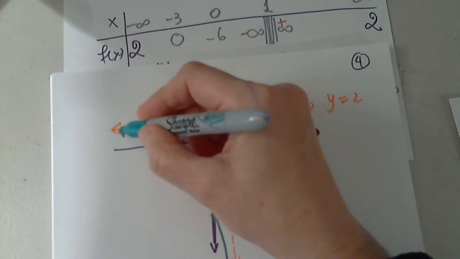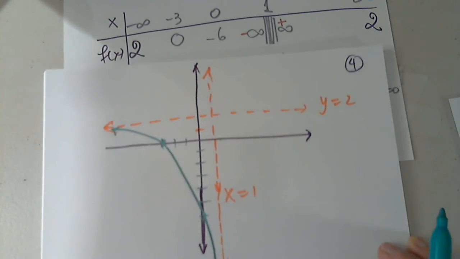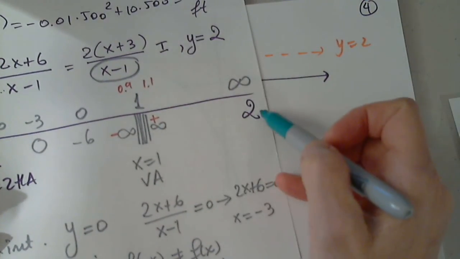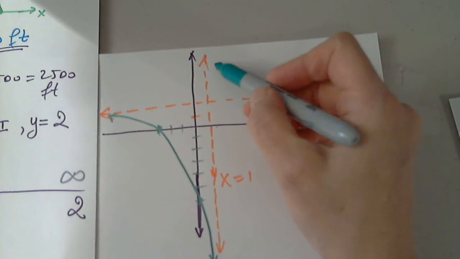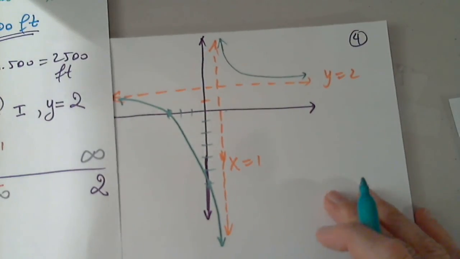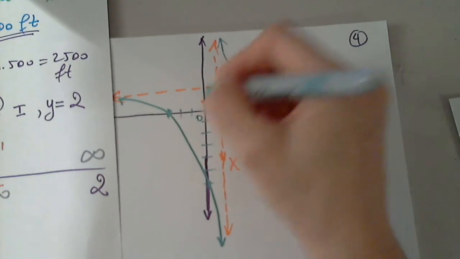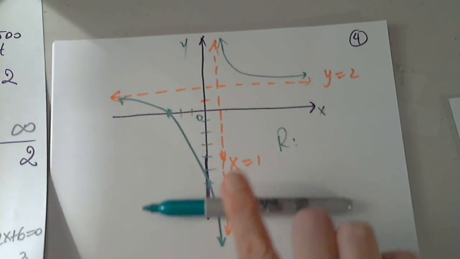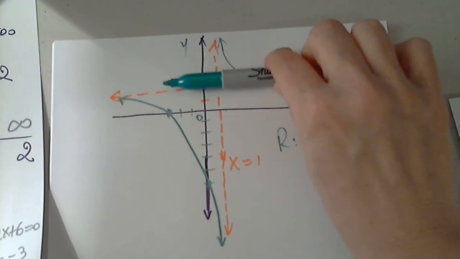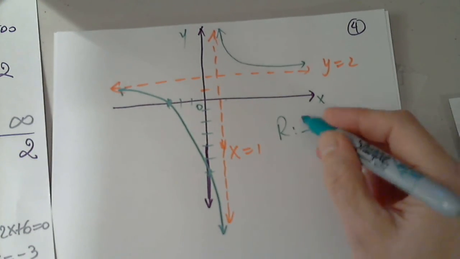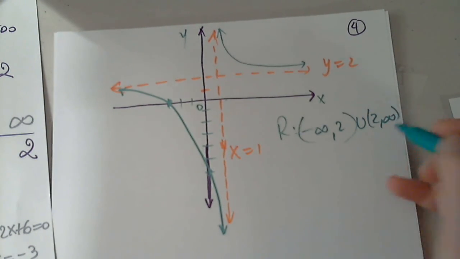On the other side, my table says come from positive infinity and drop to 2. Okay. That's it. And if I want to find the range, everything, and everything. So from negative infinity to 2, union 2 to infinity.